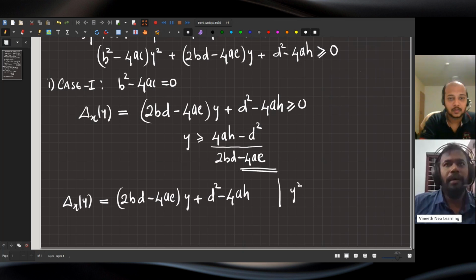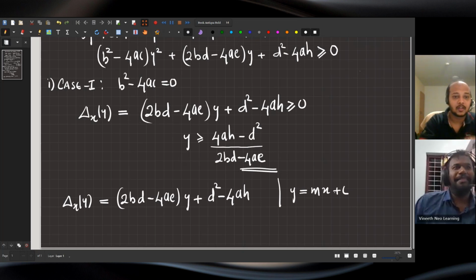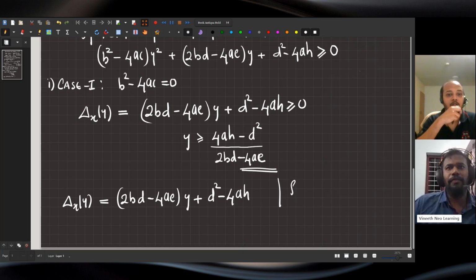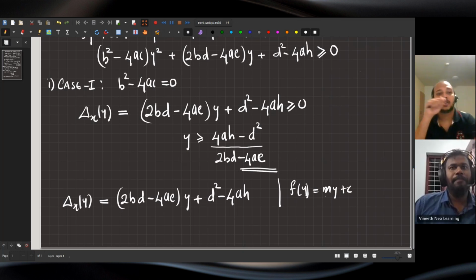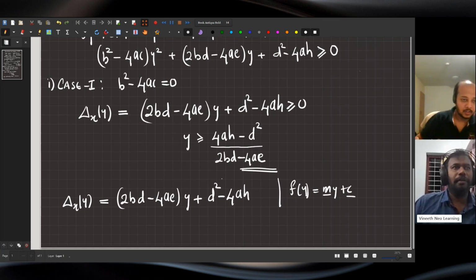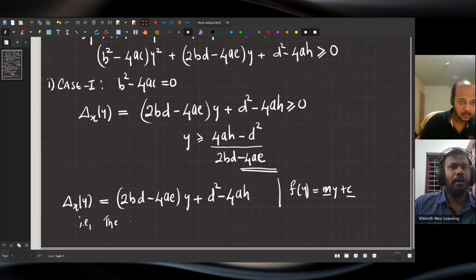This actually looks like y equals mx plus c, or like f of y equals my plus c, where m is the slope of the straight line and c is the y-intercept. Meaning if we plot y against delta x of y, we will get a straight line.